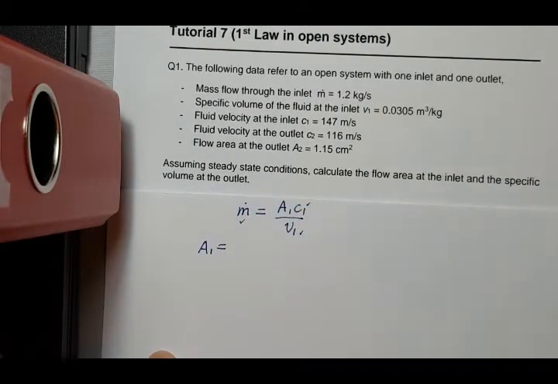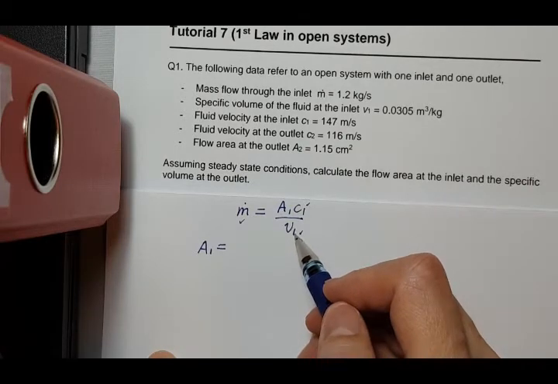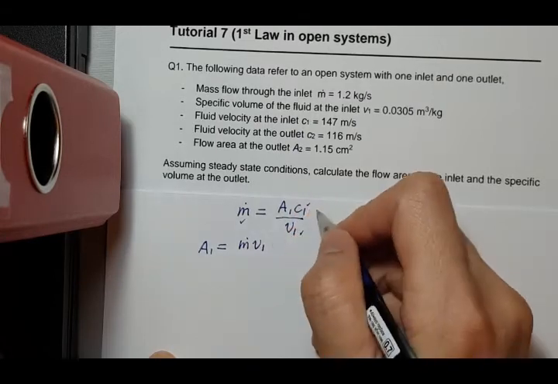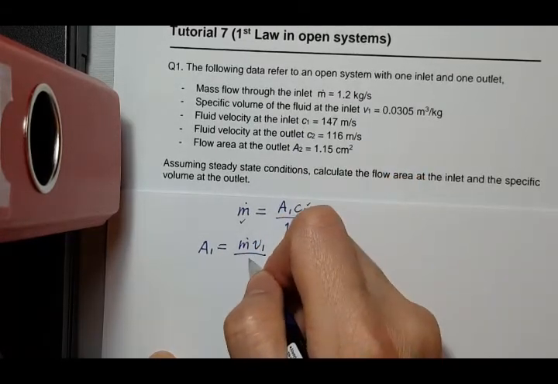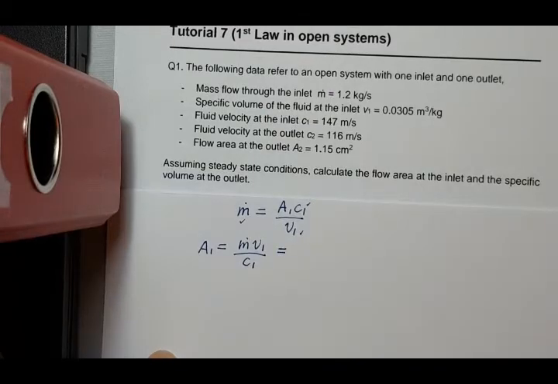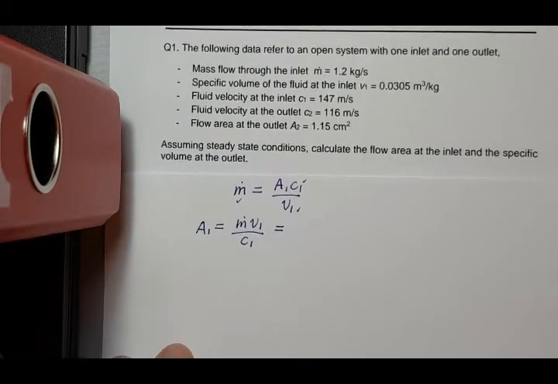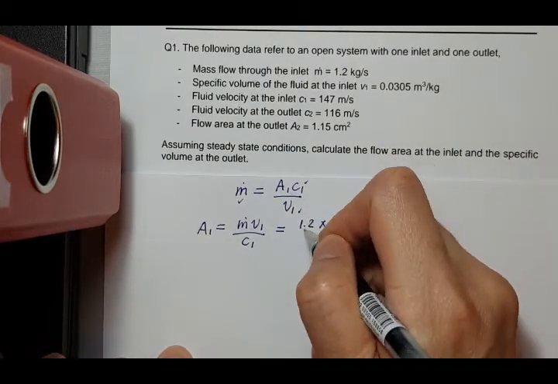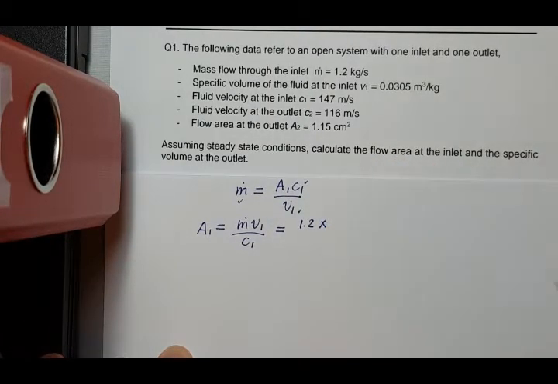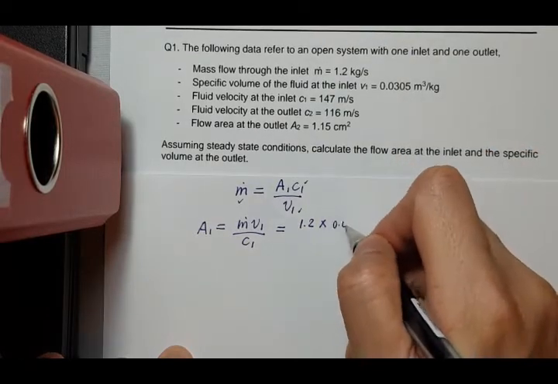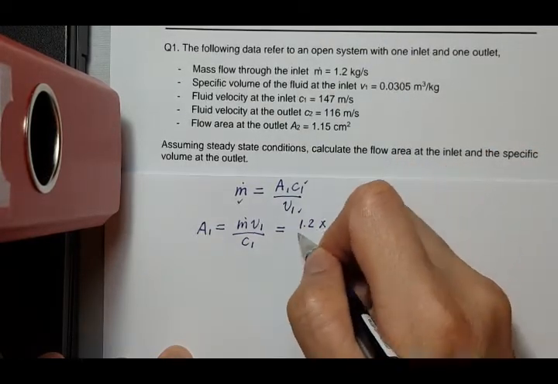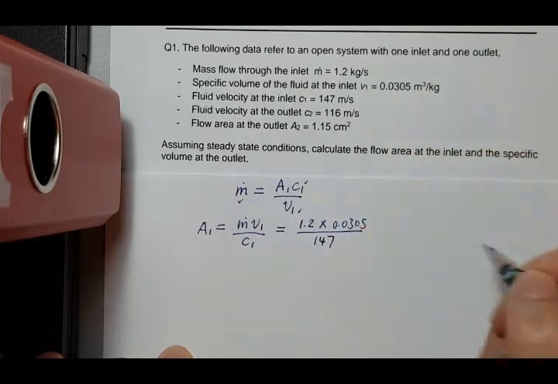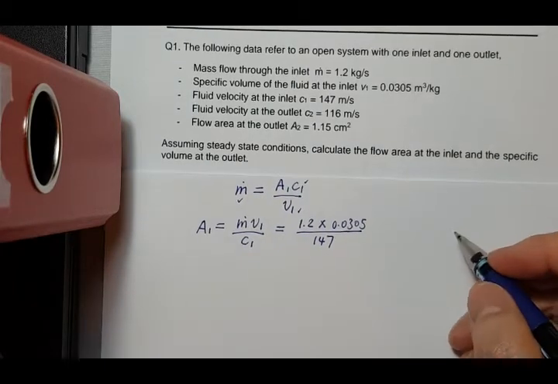We just need to arrange it. We can multiply by v1 on both sides, so we get m dot times v1 divided by c1. So m dot is 1.2, in SI base unit, v1 is 0.0305, over c1, which is 147 meters per second.